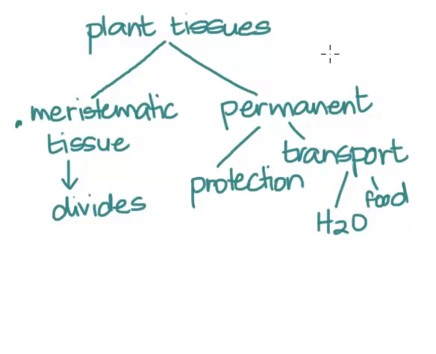We get tissue that also has to make food, act as a packing tissue, and strengthen and support the plant. And we group these tissues under the heading of ground tissues. And so we can see that there are many different kinds of tissues that we're going to be exploring. And the one that we're going to start off looking at tomorrow is meristematic tissue.